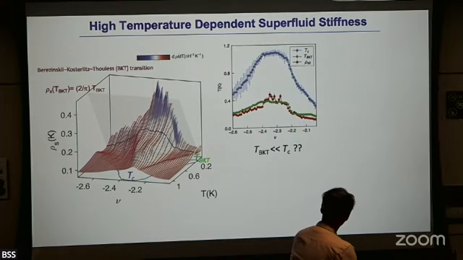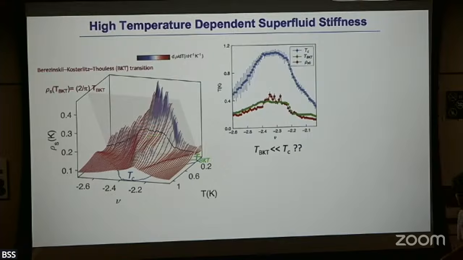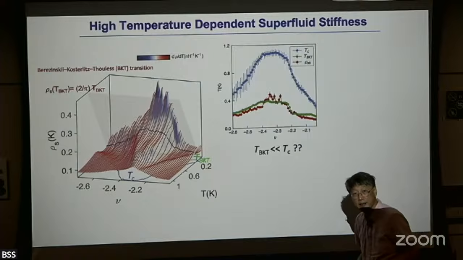First of all, according to the BKT theory, the superfluid stiffness will decrease up to the BKT transition temperature, but after the BKT transition temperature we expect the superfluid stiffness to go steeply to zero. But that's not something we observe, right? Whatever this BKT transition is, it is still going down more or less smoothly.